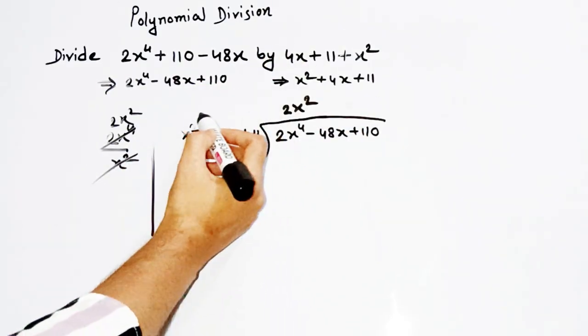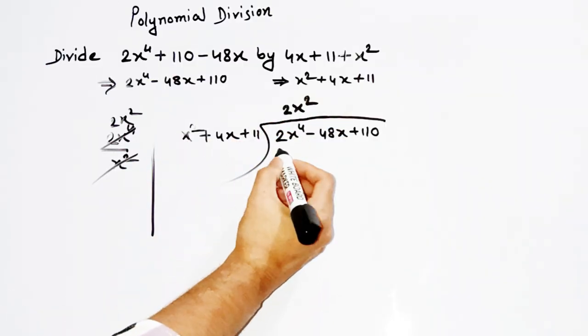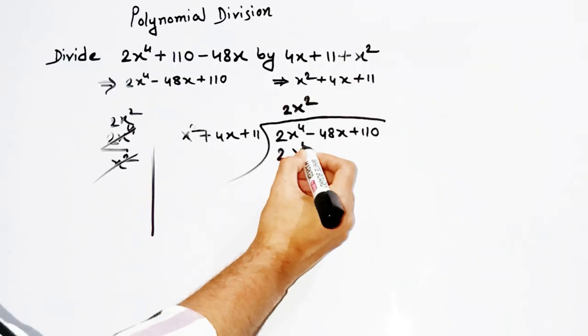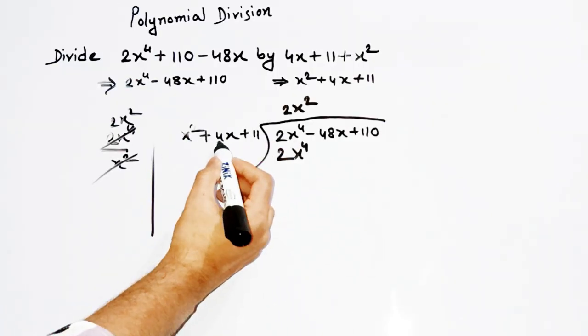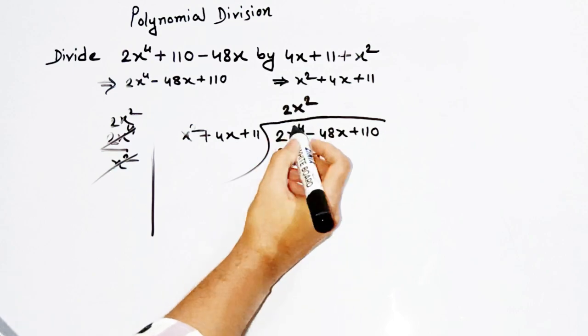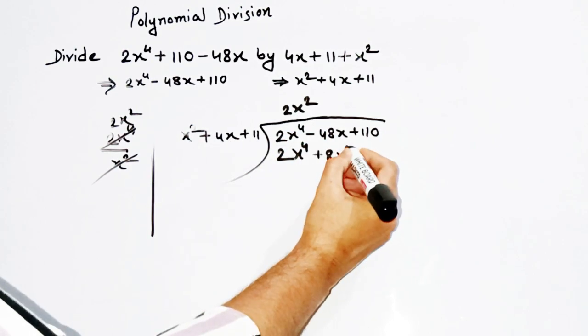Now what do we do? Multiply the entire divisor by this quotient. 2 times 1 is equal to 2, x square times 2x square equals x to the power 4. Now 4 times 2 equals 8, x square times x equals x cube.